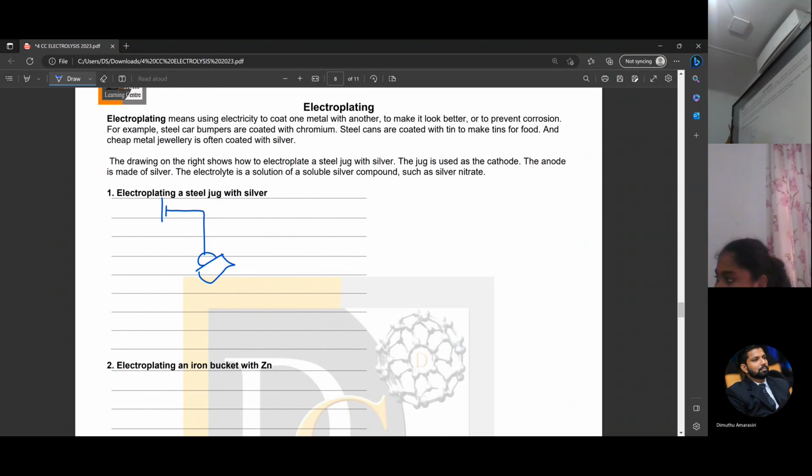It can be easily done by electroplating. Keep it as a cathode and let silver ions go to the cathode and get reduced on the jug.